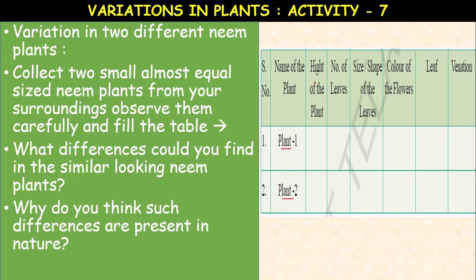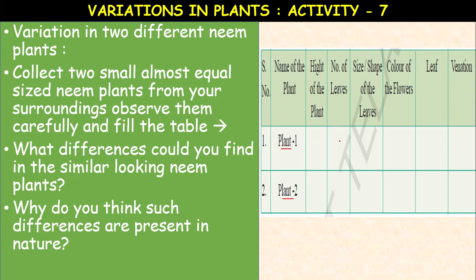And you need to measure the height of the plant and number of leaves, the size or shape of the leaves, the color of the flowers, leaf venation. Okay, these are the few characteristic features you have to make a note. What differences could you find in the similar looking neem plants?